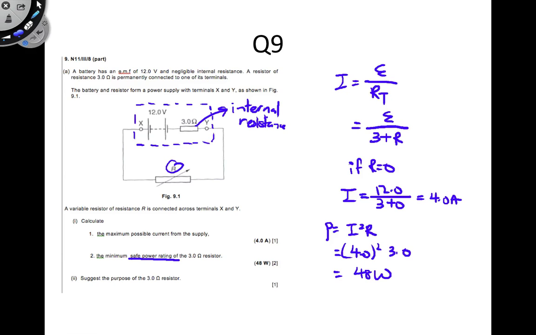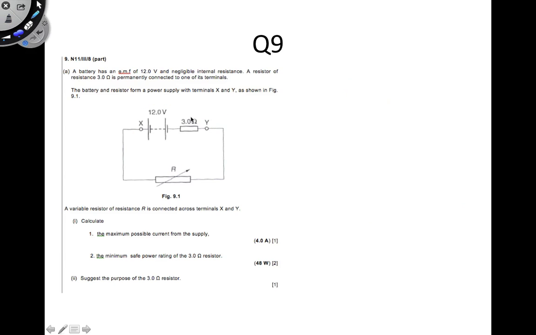Last part: suggest the purpose of the 3 ohm resistor. What do you think this 3 ohm resistor is supposed to do? If you don't have this 3 ohm resistor, let's say you remove it, so it becomes 0 ohms.